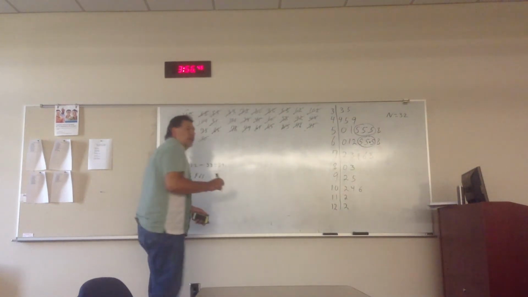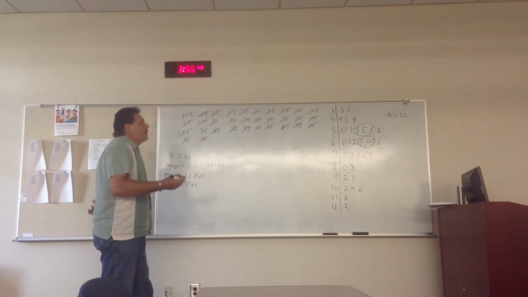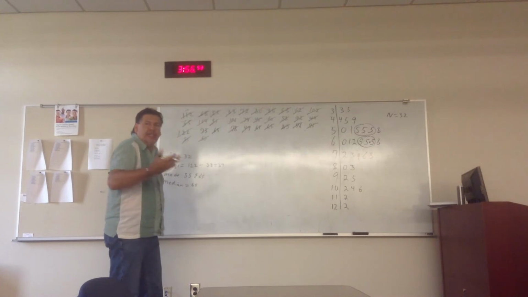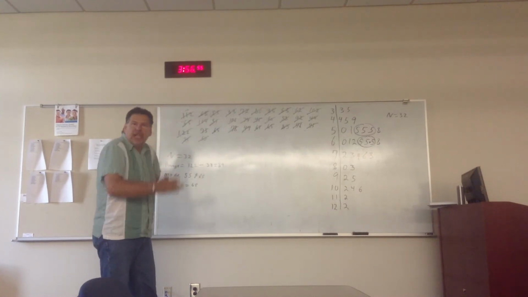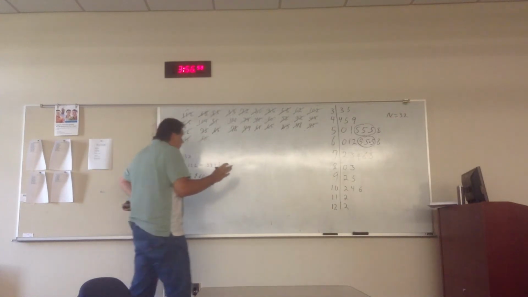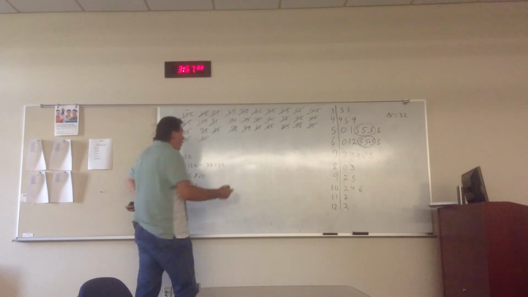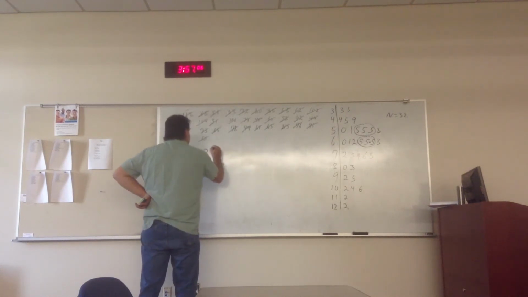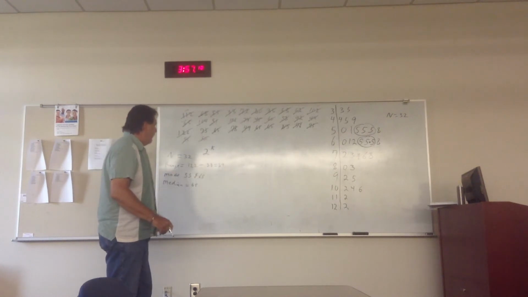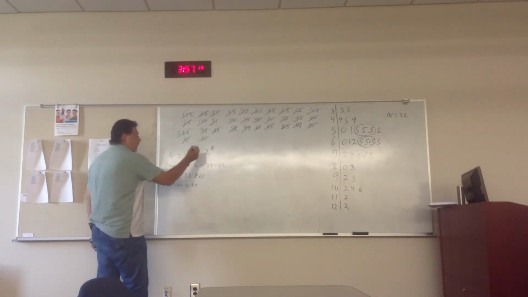The first thing I got to know is I got to know about classes and class width. Well, first thing I need to figure out is how do I determine how many classes or categories I will have in my distribution table, excuse me. Well, I'll do something called 2 to the kth power. And basically what that is, I'm going to multiply 2 until I have a value that is greater than 32.